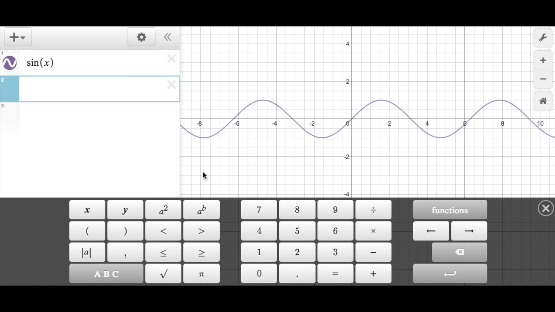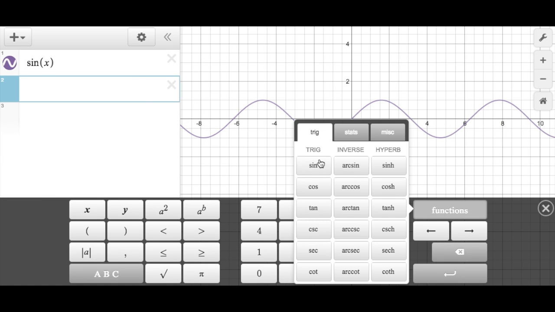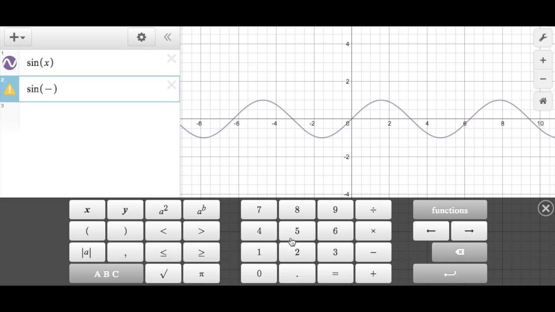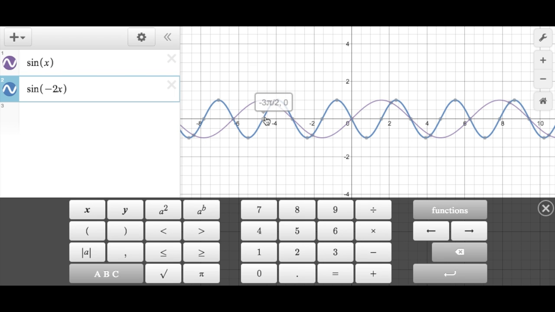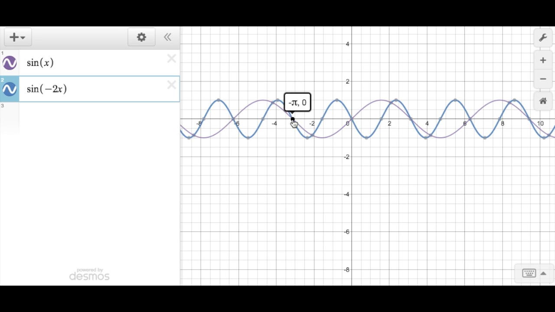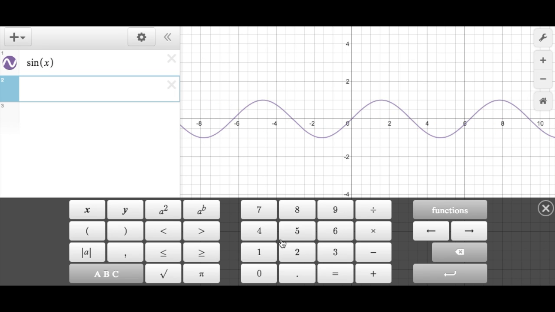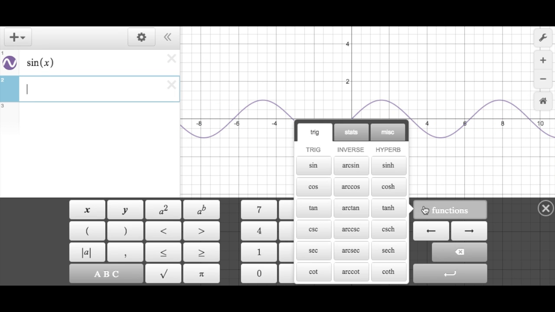Let's try a negative value. Negative 2x. So here, the graph is reflected in the x-axis, but the period is still the same, which is negative pi, negative 2 pi, pi, and 2 pi. Let's try 0.5.